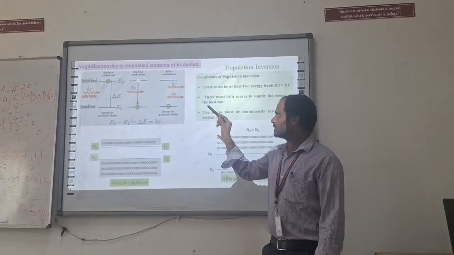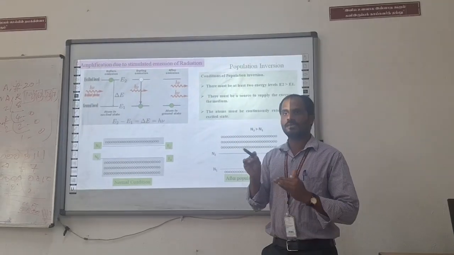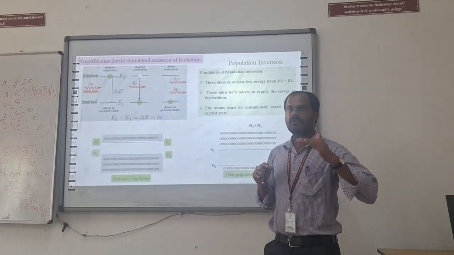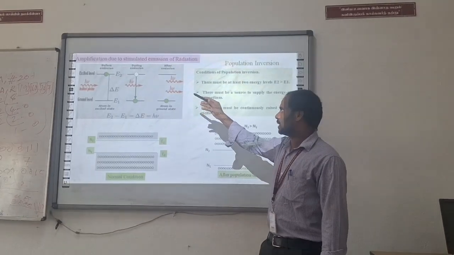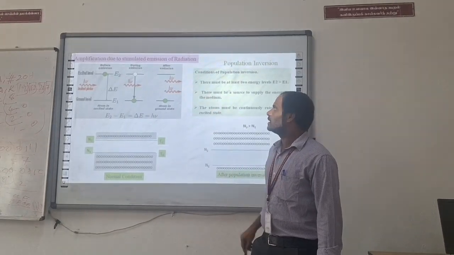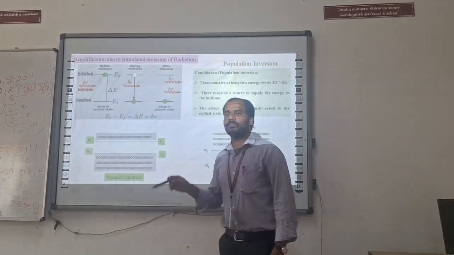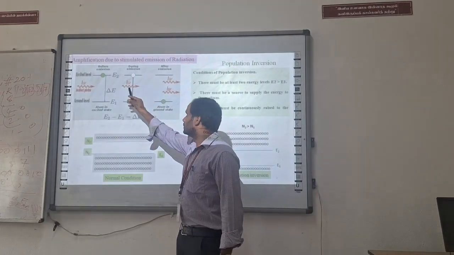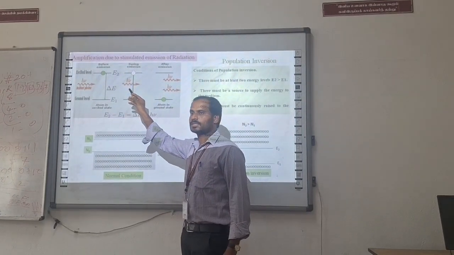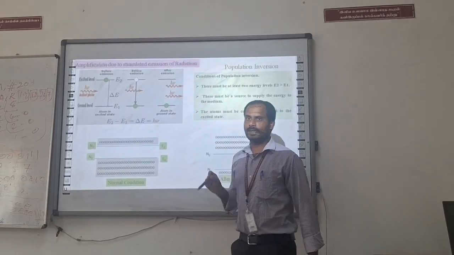The excited state atom won't stay for a long time, only for its half-life period. Then it comes to the lower energy state or metastable state, and during the process one photon is released.